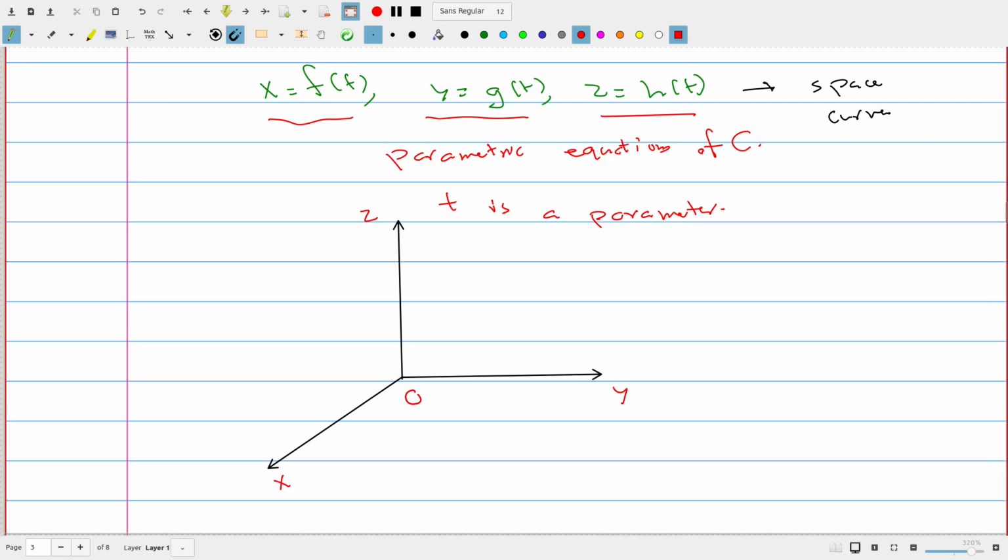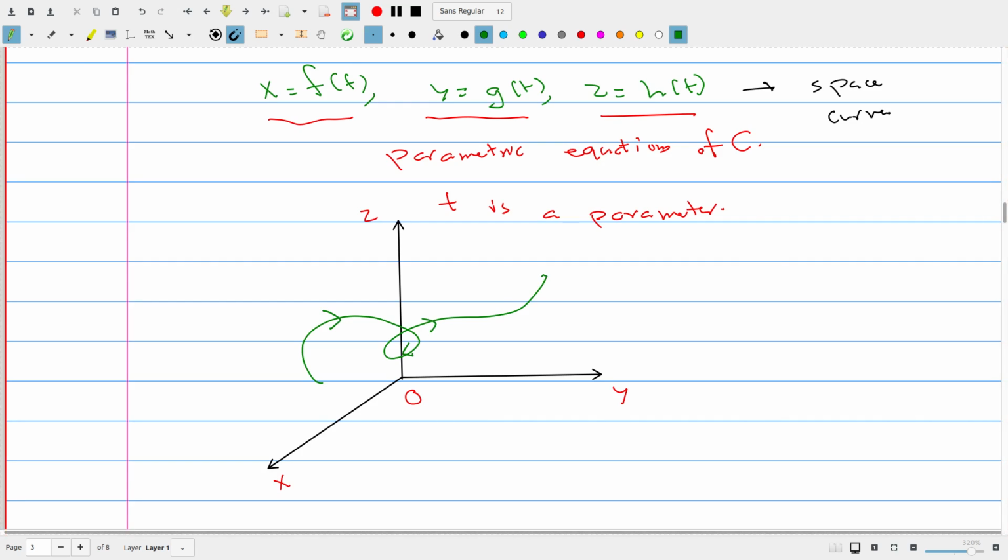This is the origin. So let's draw a curve. So this is a space curve, meaning it's a curve in three-dimensional space, right? So the arrows indicate the path taken by the curve.